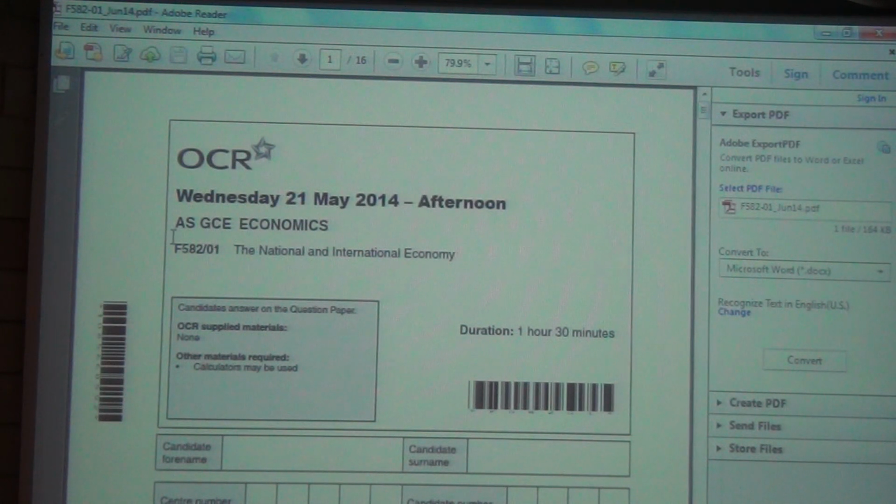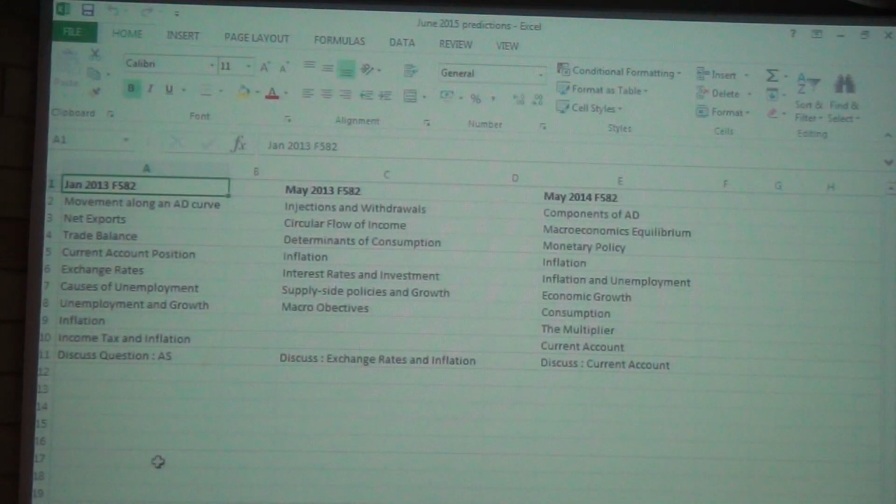They're freely available to download and the mark schemes are there for you as well. Whenever you have access to those, you simply go through each one and highlight the various topic areas which appear on each question paper. I have done that on this spreadsheet, which I shall now put in front of you.